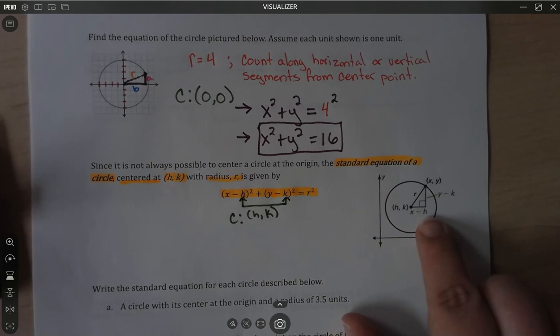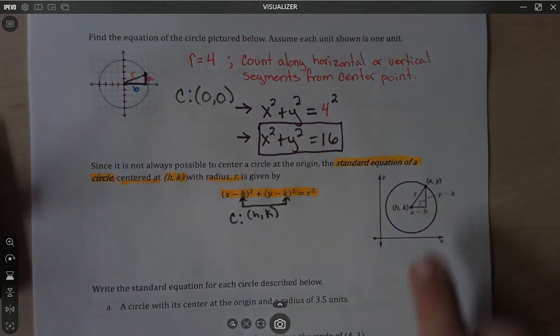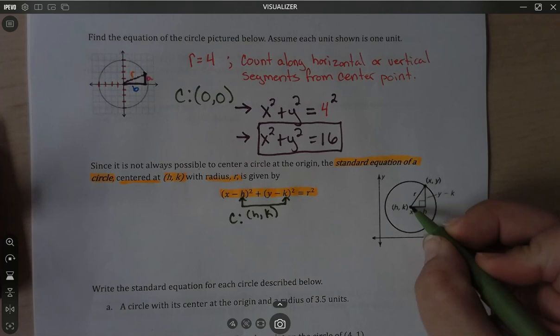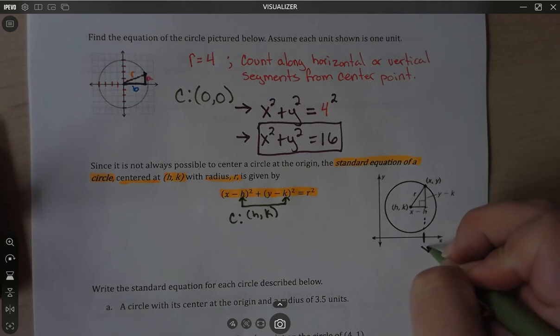Now here, same kind of idea. I drew my triangle in this picture. Now when we do this triangle, this distance isn't just counting from 0. It's just not x units and y units. It's x units over, because if we come straight down, this is x.